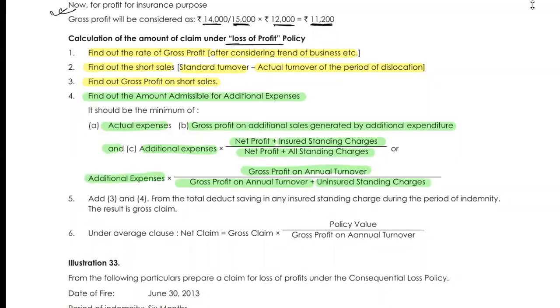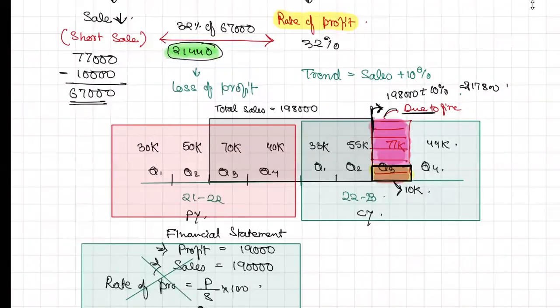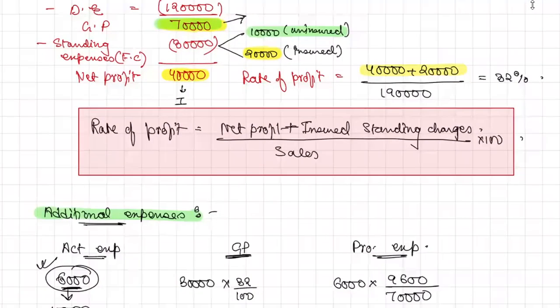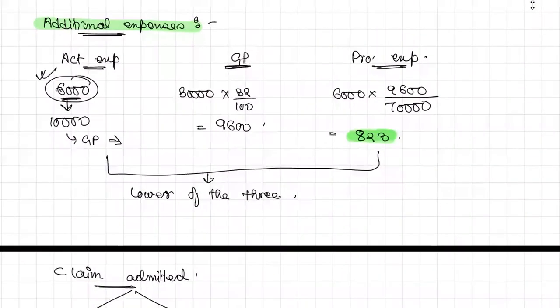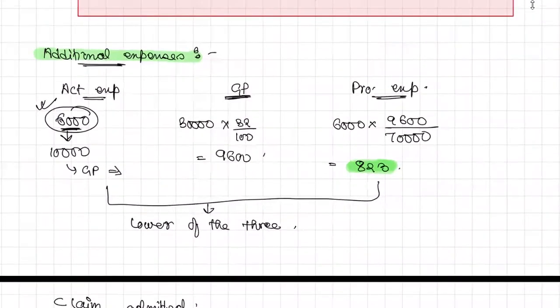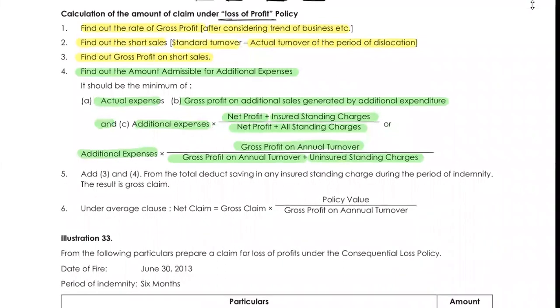Okay, two formulas are there, but we only took one over here. See, this 60,000 was the additional expenses. This is our gross profit on additional sales generated. This is our total sales. ठीक है, यही हमने किया था, बस we haven't yet taken this formula.